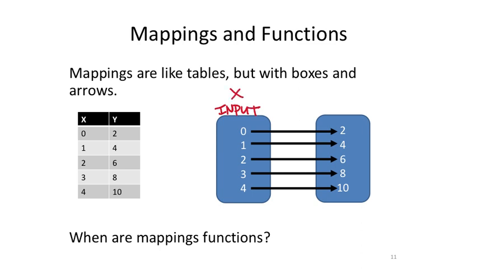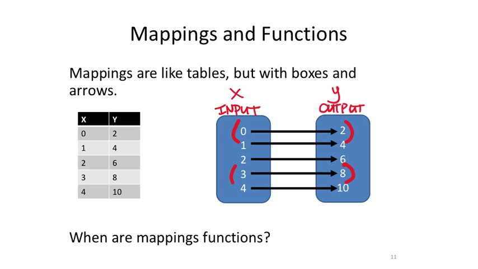The right column is our output, which again is just y values. That's why these become ordered pairs like 0, 2 or 3, 8. We're going to be seeing these in this unit. By the way, this is a table. It's called something different now, and it looks a little different.